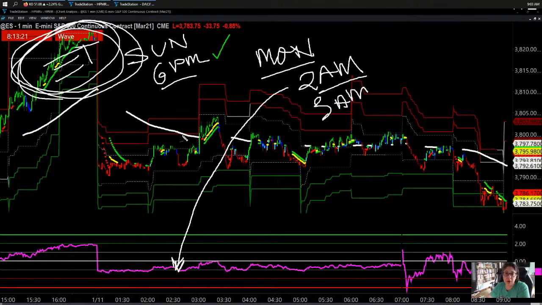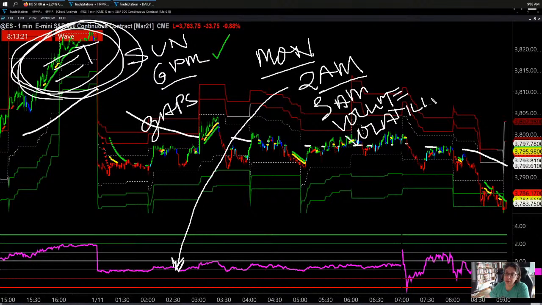And what you'll notice is that clearly Sunday we might have gaps, right? With Monday 2, 3, the volume and the volatility pick up. But this is where, for us now, what are we interested in? Right in here. And what is this?